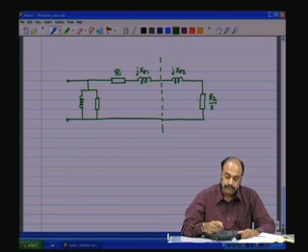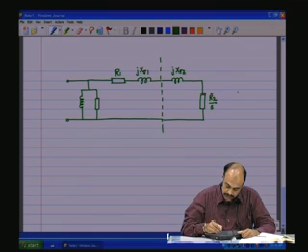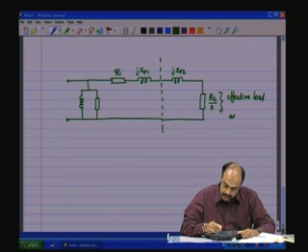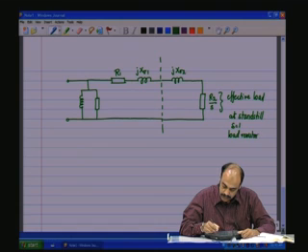So this is like the effective load. At standstill, S is equal to 1, the load resistor is equal to R2.